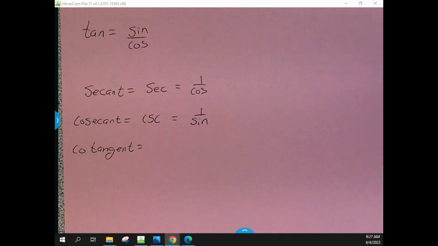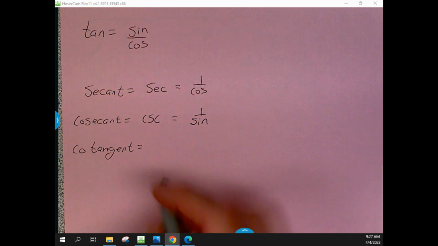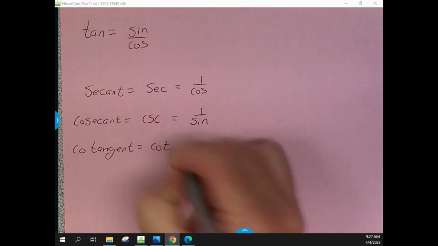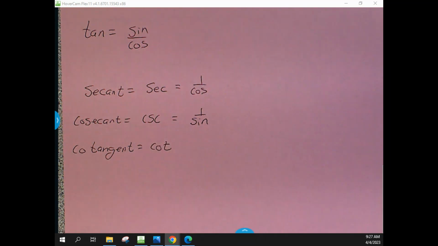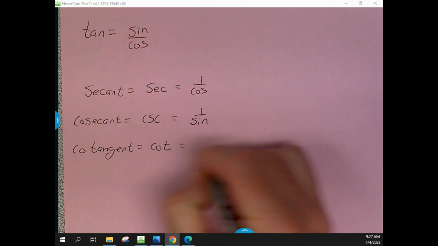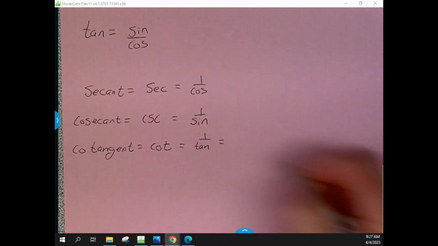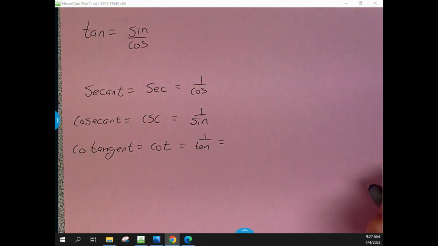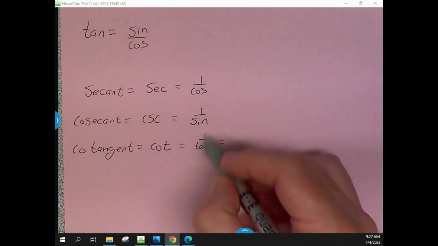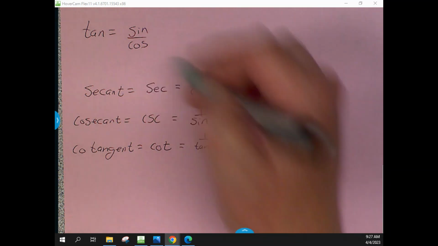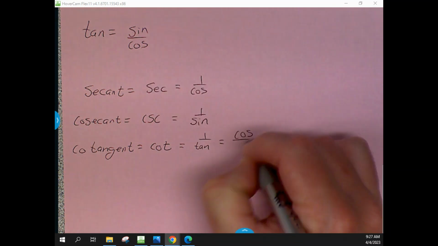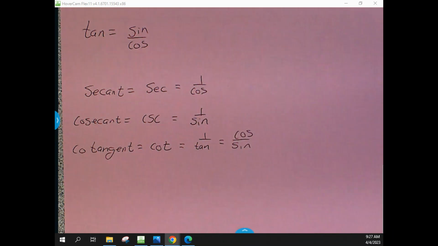Cotangent, it's kind of easy. It's just COT. And cotangent is 1 over tangent. But the easy way to remember cotangent is that if it's the inverse of tangent, you just flip this thing upside down. So it's going to be cosine over sine.